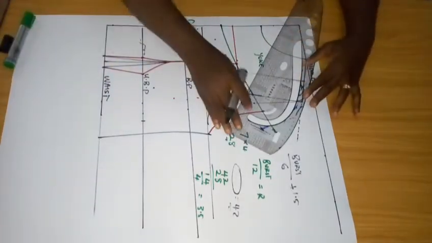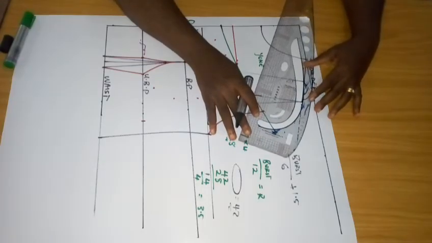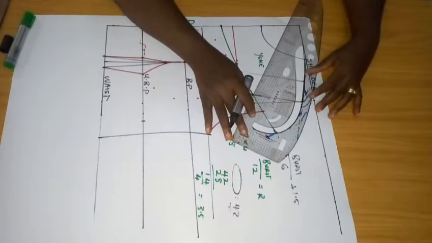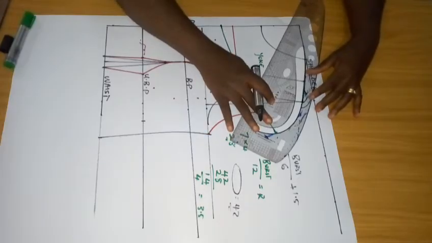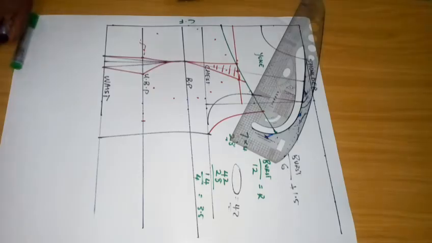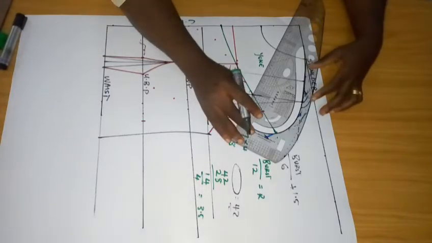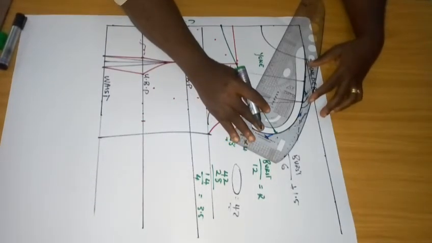You can see this is how the arm curves. I'll place my ruler, making sure the extension touches this end of my line and touches this shoulder slant line. Once that is done, that is how the arm curves. Once you wear it on the dress, it curves like that.